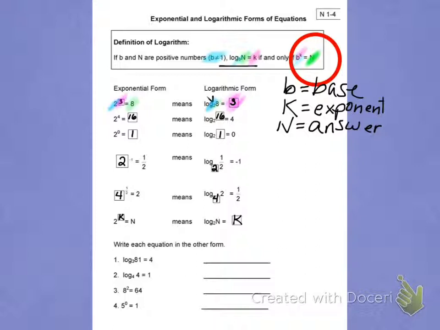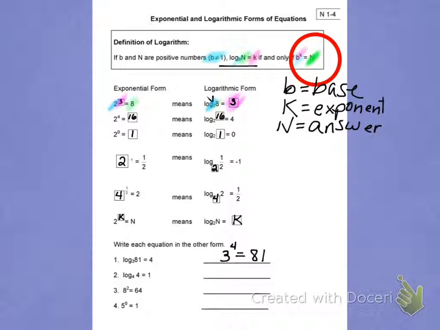So our base is 3, so it's 3 to the 4th power. Remember, the power is the answer in the log form, equals 81. That's going from log form to exponential form.